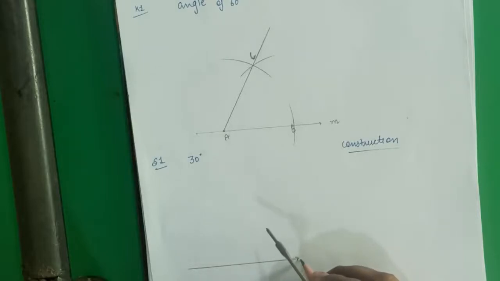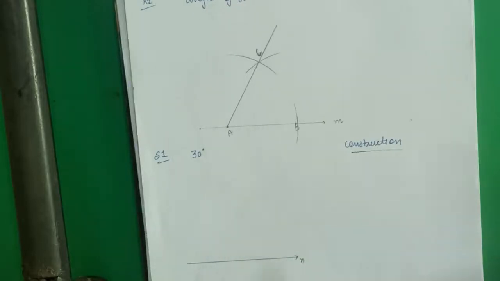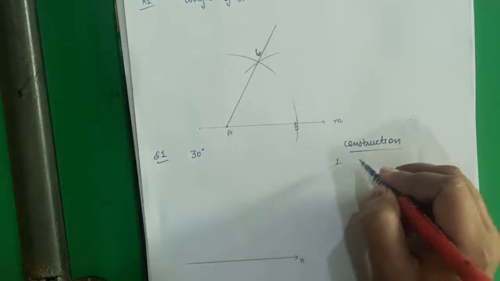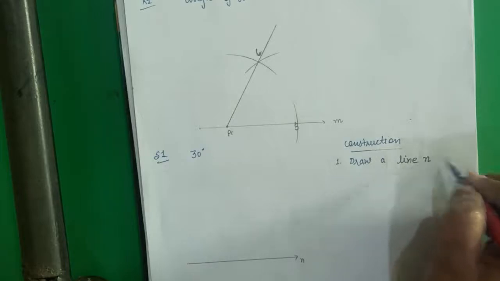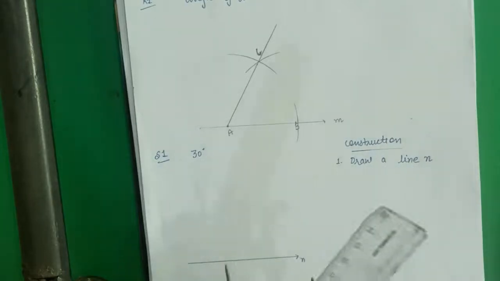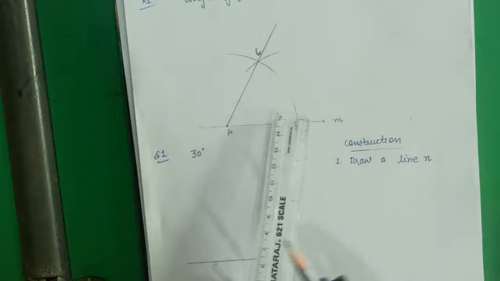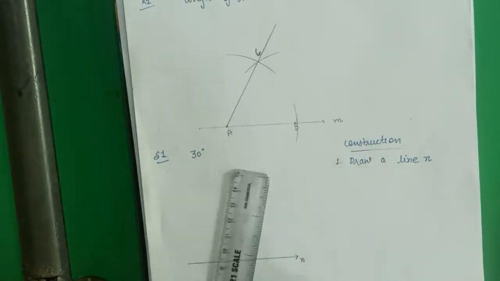Give it the name N. So your first step will be to draw a line N.